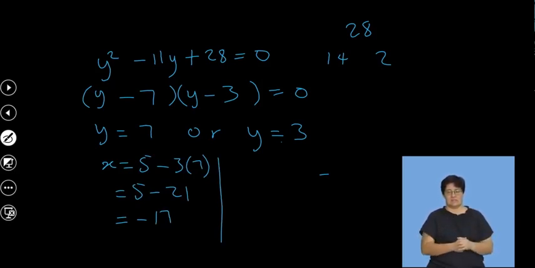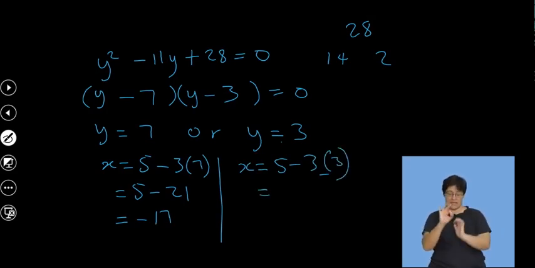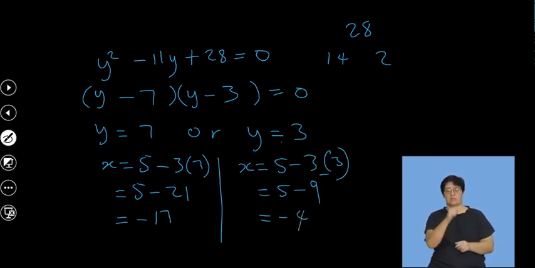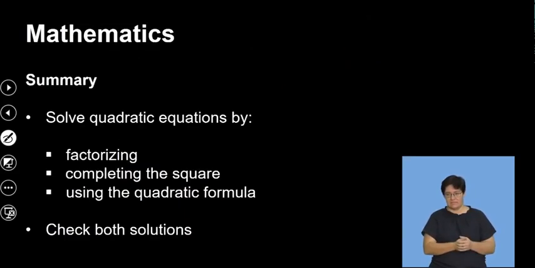And then here it will be x is equal to 5 minus 3 by 3, and then it will be 5 minus 9, and this will be equal to negative 4, right? So let's just verify quickly. This is actually 16, not 17. So this is negative 16, you see. So please do make sure that you look at your answers once you are done. So that's what simultaneous is all about.